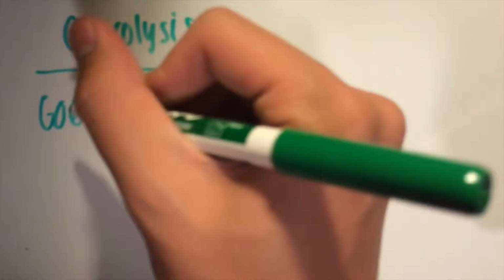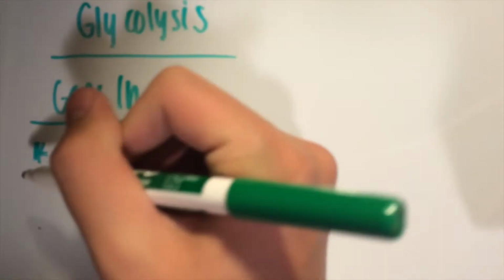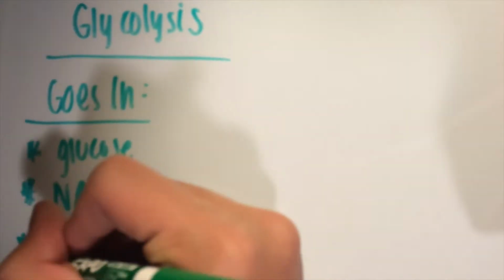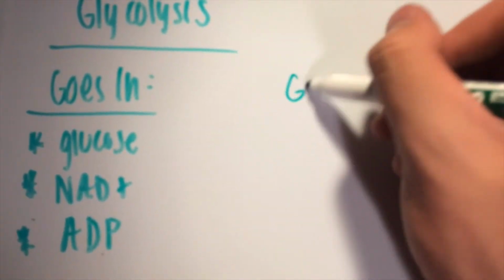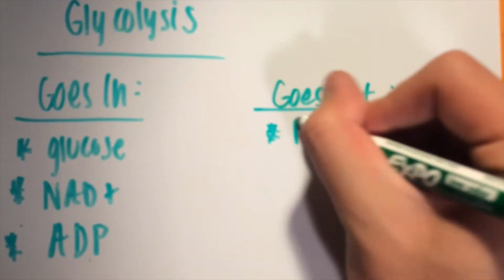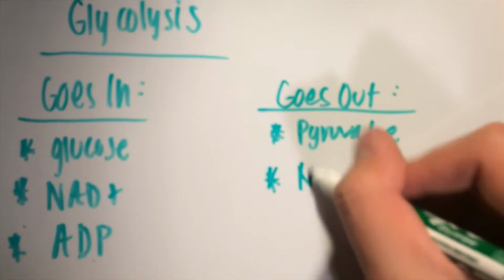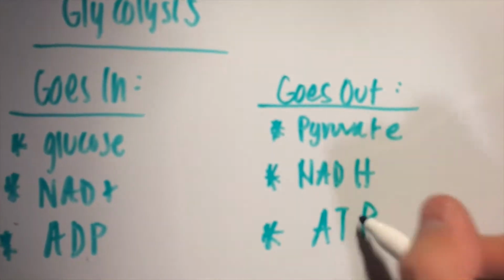In this stage, glucose, NAD+, and ADP go in, and as a result, pyruvate, NADH, and ATP are produced.